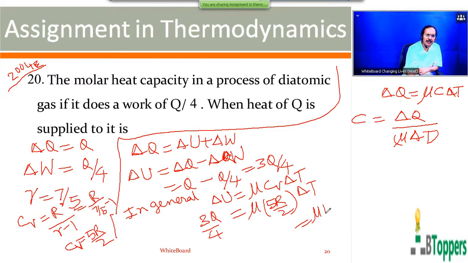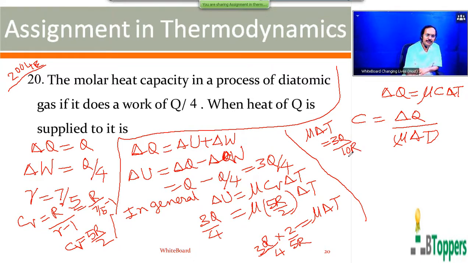Therefore nu delta T can be written as 3Q by 4 multiplied by 2 by 5R, or nu into delta T is equal to 3Q by 10R. You can substitute this value of nu into delta T in this equation on the right side.